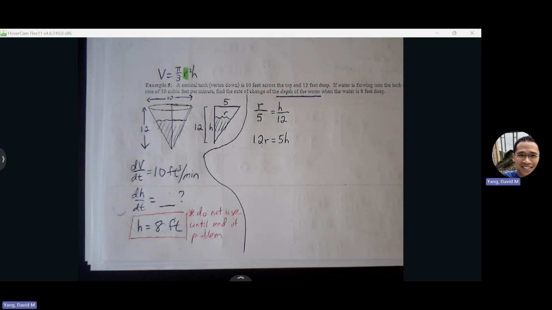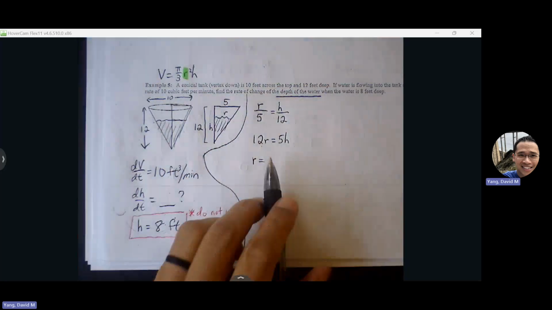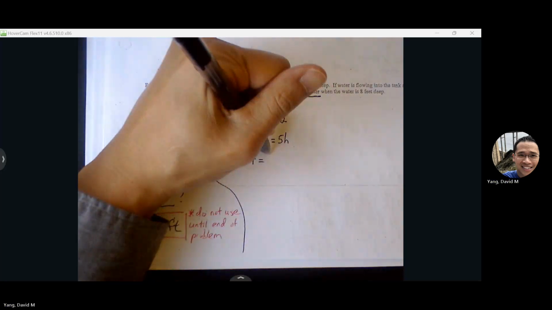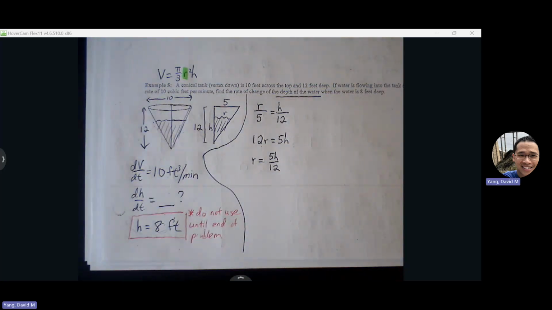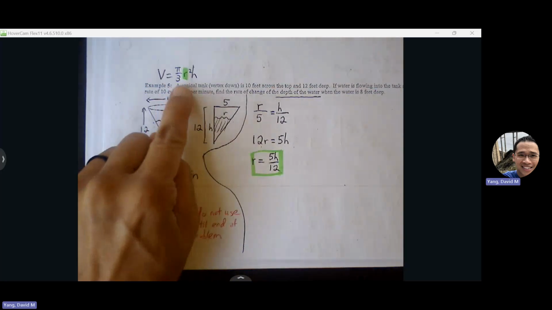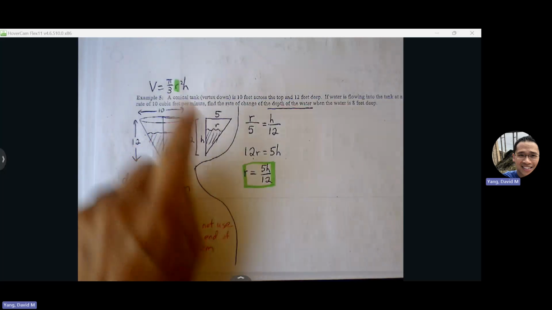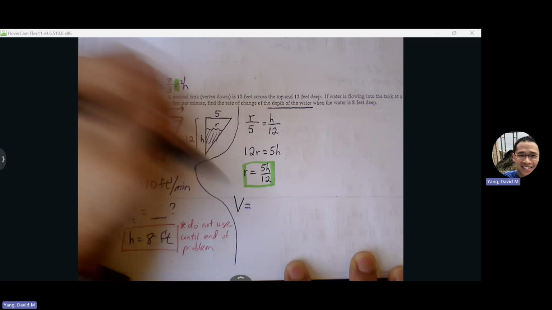So I want to solve for r so I can replace my r variable. If I solve for r, I can divide both sides by 12. I get 5h over 12. So now this is going to be my replacement to put in for r in terms of h. So I'm going to update my volume equation.